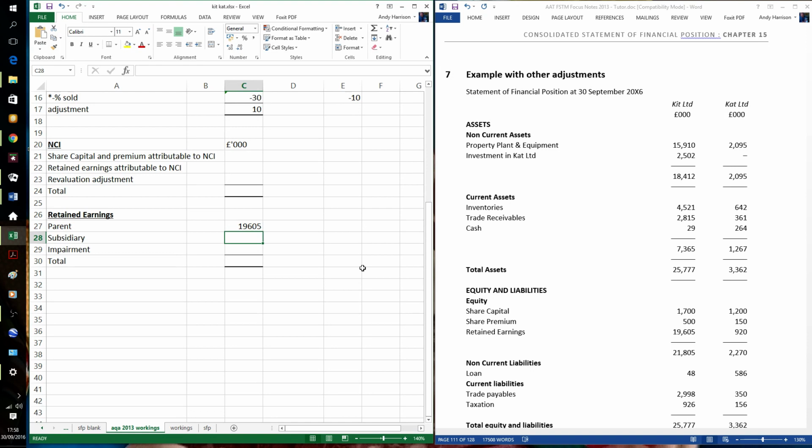Now here we need to do the difference. 920 it says, but we take off the 10, the adjustment, and the 540 that it was when we bought it, because we're only interested in or entitled to a share of the earnings since taking them over. That hasn't worked out right, but it equals 920.